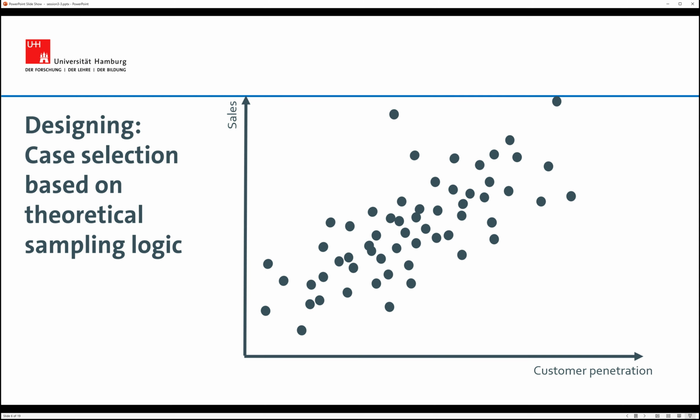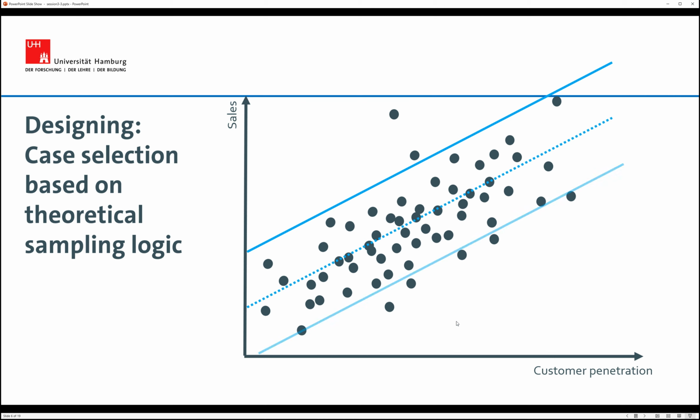We had particular theoretical expectations based on this theory of positive deviance, meaning that from all the stores that sold more or less bakery goods, depending on customer penetration, and here you would see the average of all of this, we tried to identify who is performing significantly better than the rest under equal circumstances, which means we sampled selections that were positively deviant, which are those that sell more given their level of customer penetration.